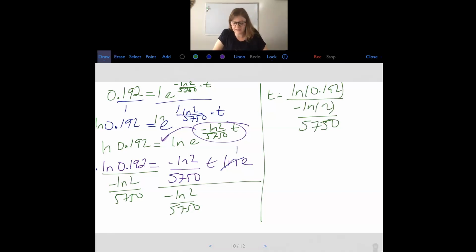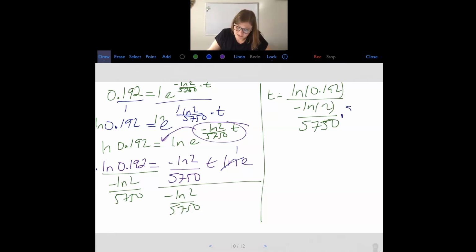So we put ln of 0.192 divided by negative ln 2 divided by 5,750. Oops, hold on. So let's deal with this compound fraction first before we do that. So we have a fraction within a fraction.